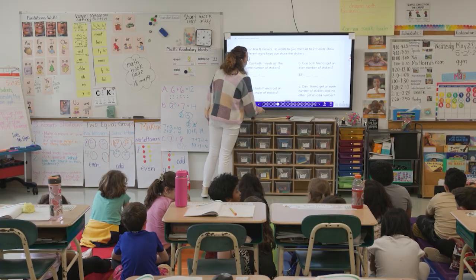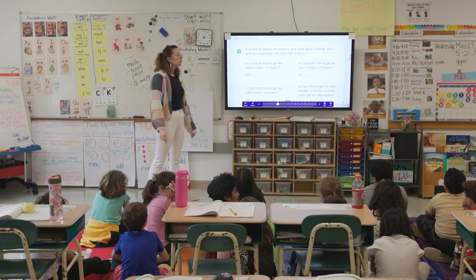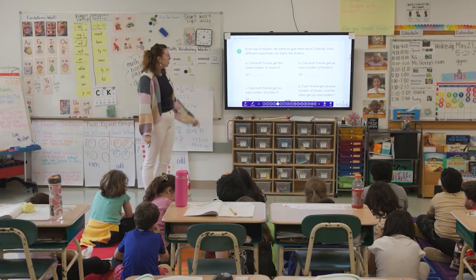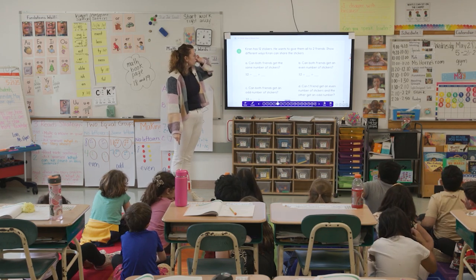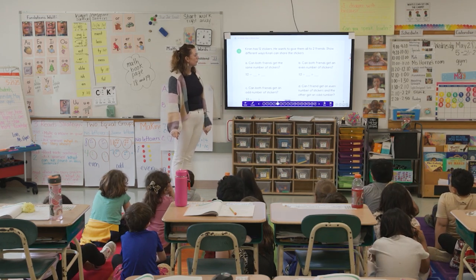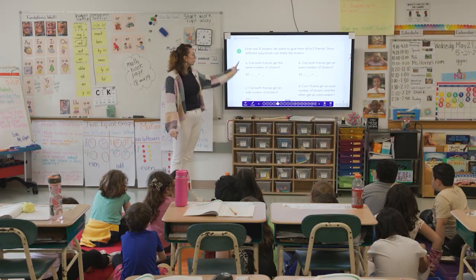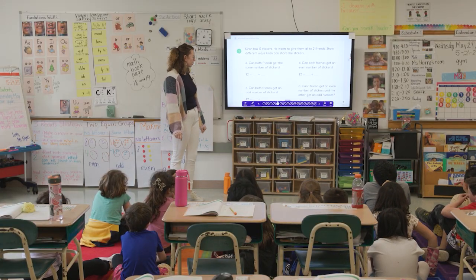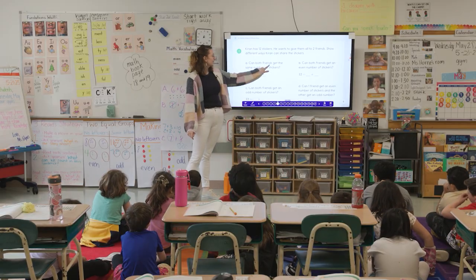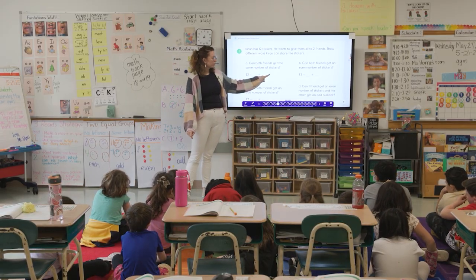So you're going to have some time to work independently. You have the same story problem. Karan has 12 stickers. He wants to give them all to 2 friends. You're going to show different ways his friends can share the stickers. Can both friends get the same number of stickers?